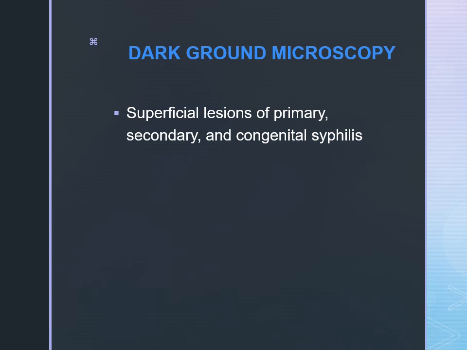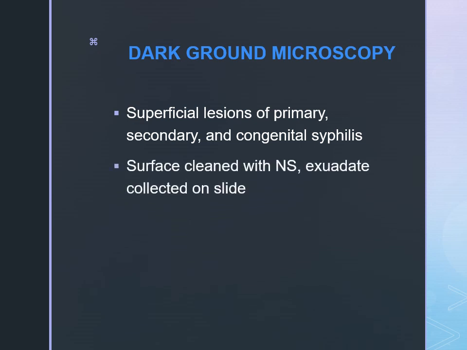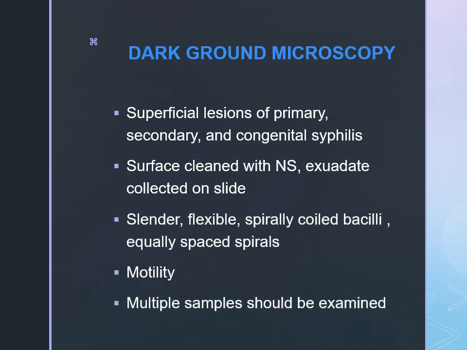This is usually done in the primary stage where we have a chancre and lesions. First clean that lesion with normal saline, pressure is put at the base of the lesion, and that exudate is directly collected on the slide, and that slide is seen under the dark ground microscope.